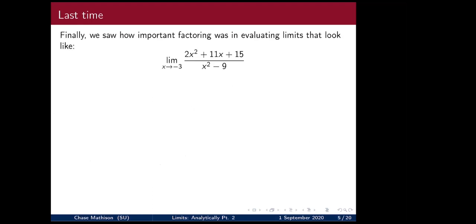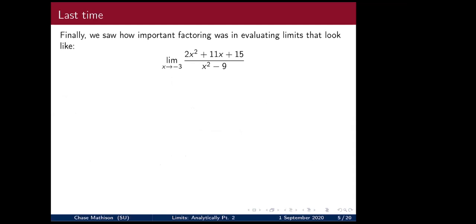So we saw also last time that factoring is important. That was one of the first methods that wasn't really just try plugging in the number. Because if we try plugging in x equals -3 here, what happens? Yeah, I get a 0 in the bottom. I get a 0 in the top too: I get 2 times 9 minus 33 plus 15.